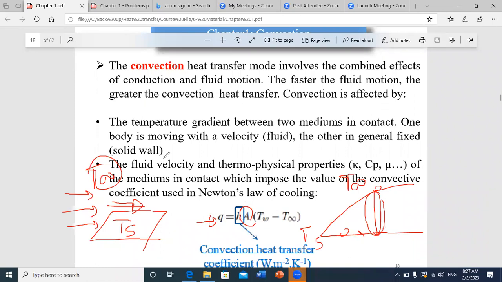We do some experiments in convection that will help us define a convective heat transfer coefficient that will be affected by the velocity of the flow, because you have several parameters that affect your convection process. The larger the velocity of your flow, the larger the convected heat flux, plus the type of fluid will also affect convection.